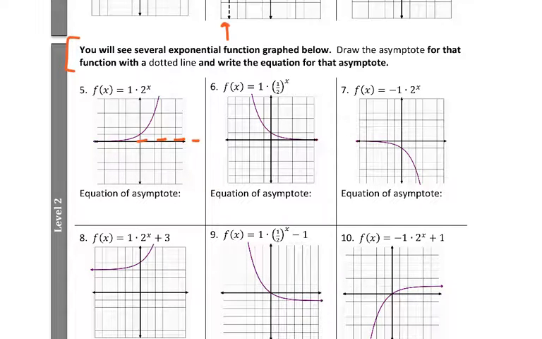If I'm looking at this right, this curvy exponential function is getting really close to the x-axis here. So that's where my dotted line goes, and that is the equation y equals 0. That exponential function is going to get really close to y equals 0, but it's never actually going to cross it.